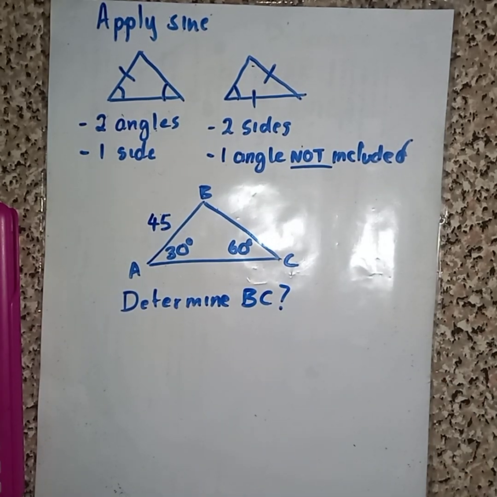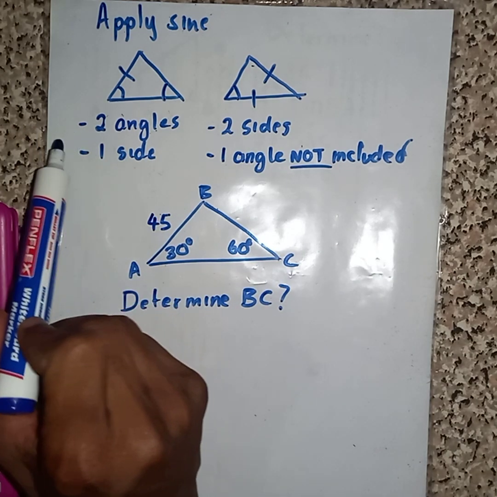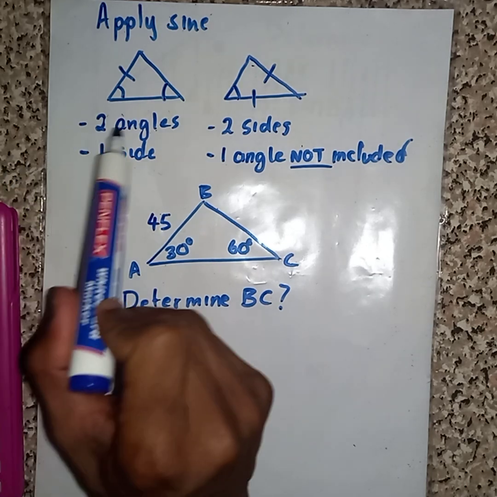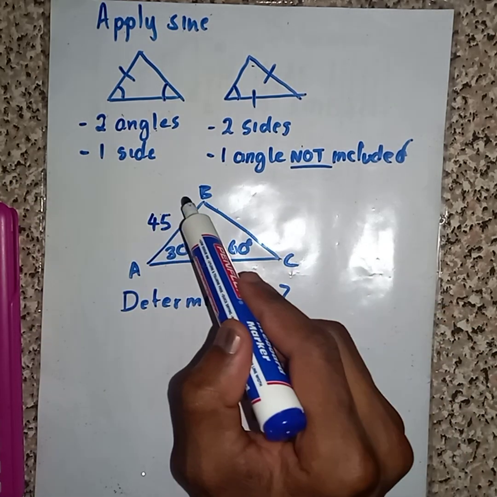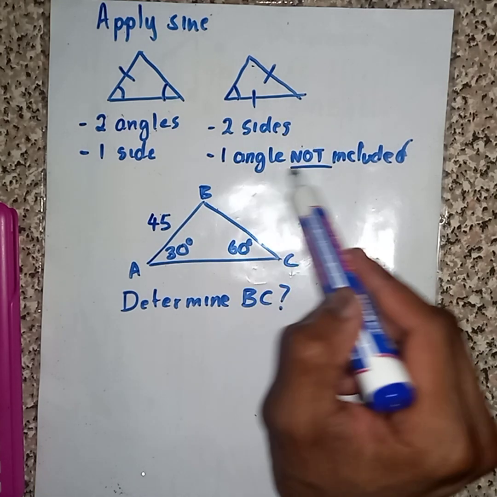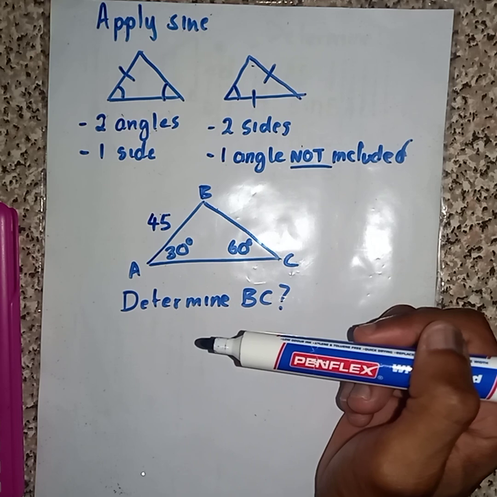Then let us go to our conditions. We have two conditions. The first one states I should have two angles on one side. It does apply. But this one at the moment doesn't apply because I only have one side.